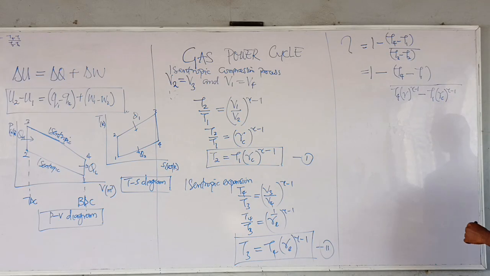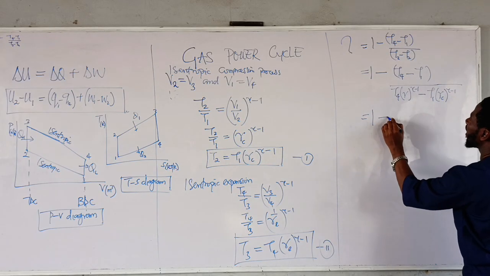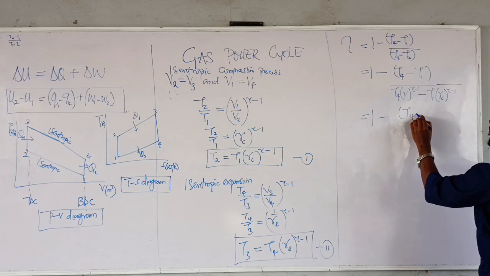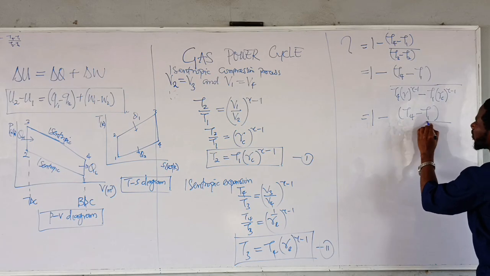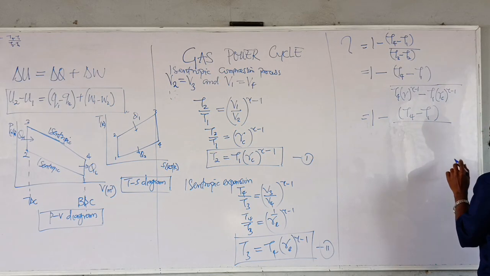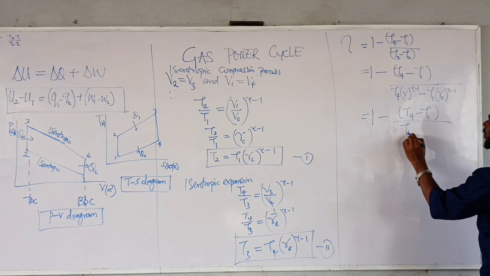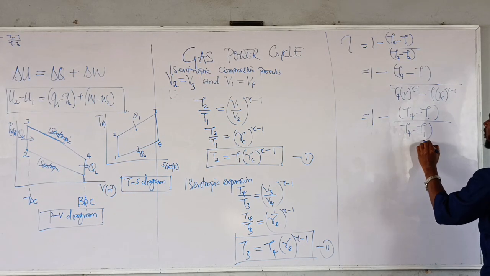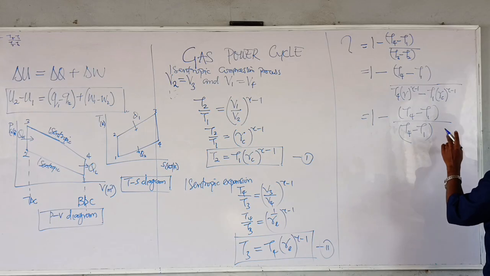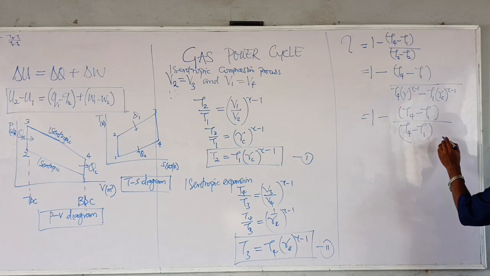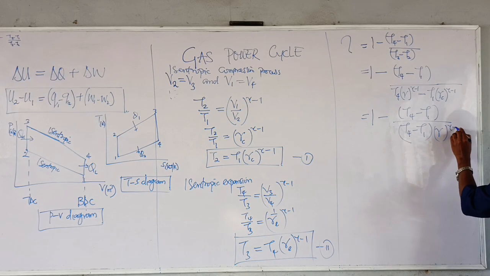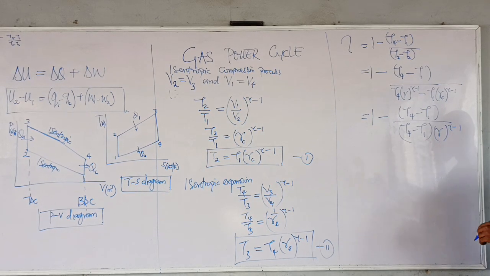So something is common here. T4 minus T1 is common, and the ratio raised to the power of gamma minus 1 is common.